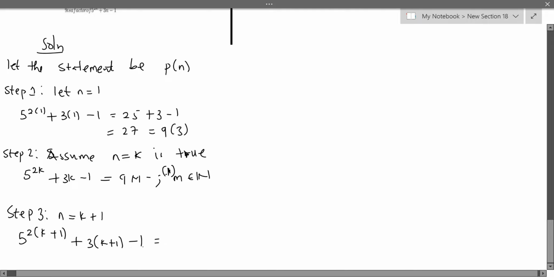That's what we want to show. So let's open this bracket at the power. We have 2k plus 2 plus 3k plus 3 minus 1, which gives 5 raised to the power of 2k plus 2, plus 3k plus 2.